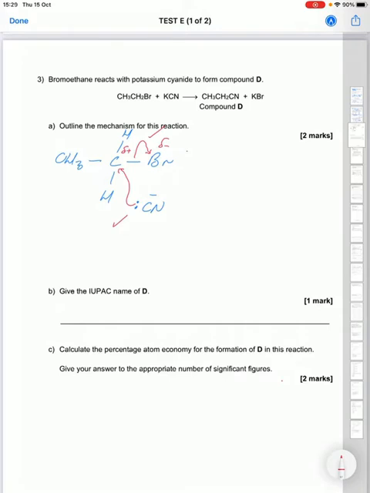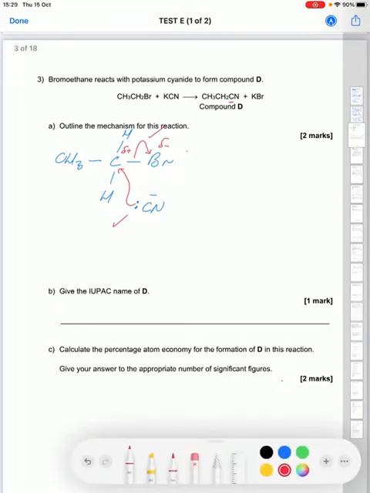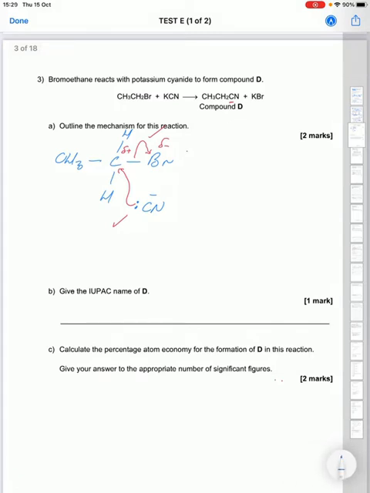The IUPAC name of D, remember you've got to include the carbon in the CN, so it's going to be prop. And what is often missed out is the E, so it is going to be propanenitrile, and that E has to be there.